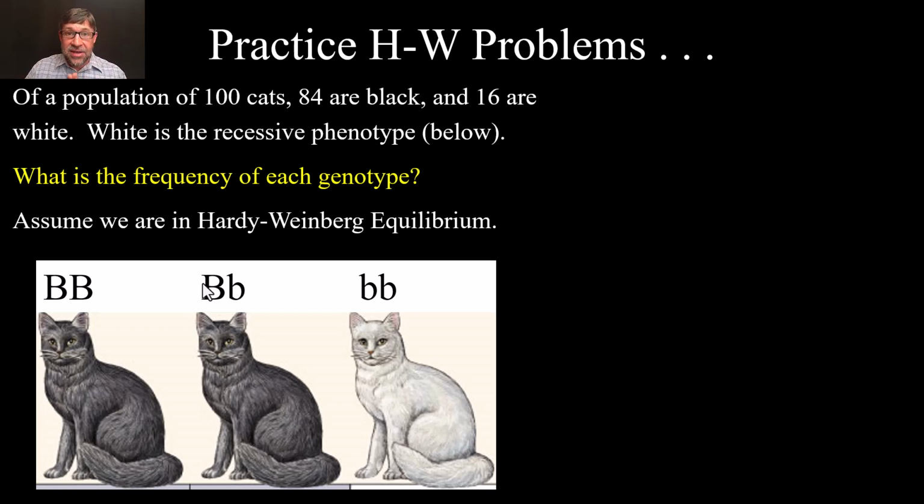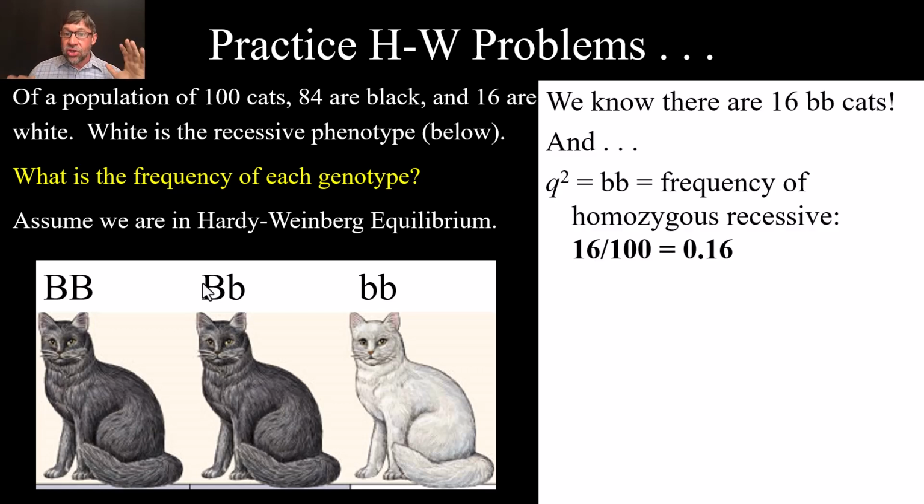We're given that in the word problem. You're always given Q squared in the word problem. So there are 16 little b white cats. Remember, Q squared is the frequency of the homozygous recessives.